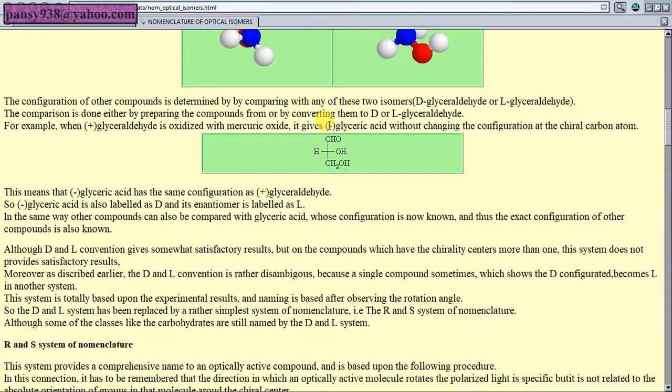But it has been found that the configuration around the chiral carbon atom remains same as of positive glyceraldehyde. So, although the compound is rotating the plane of polarized light in anti-clockwise direction and is levorotatory, it is called D-glyceric acid.